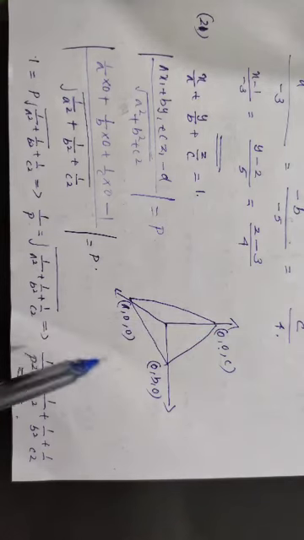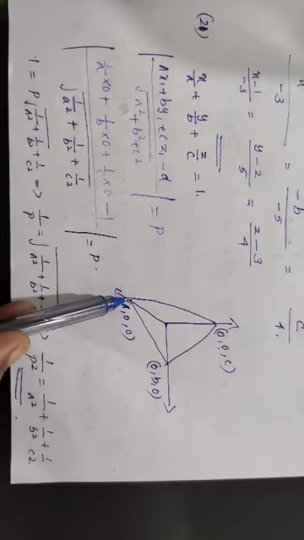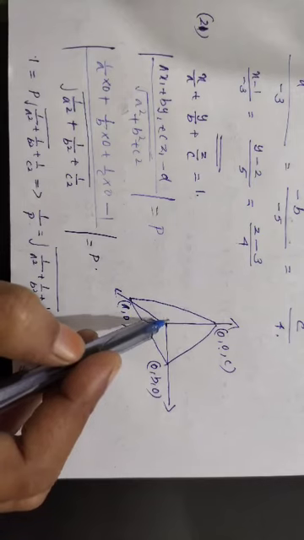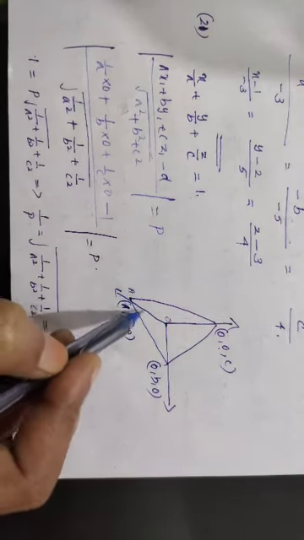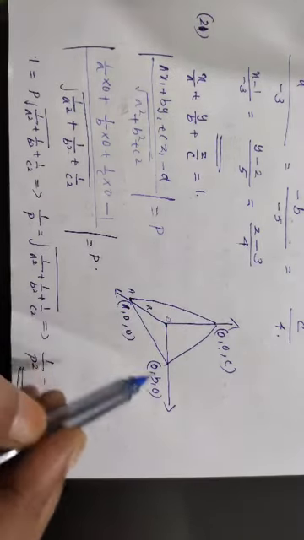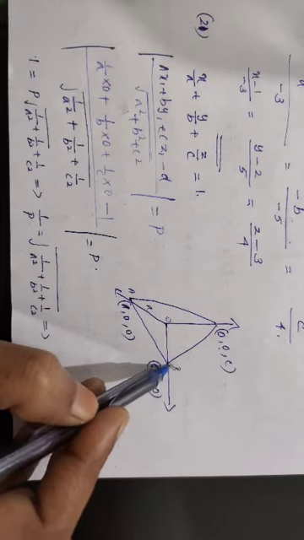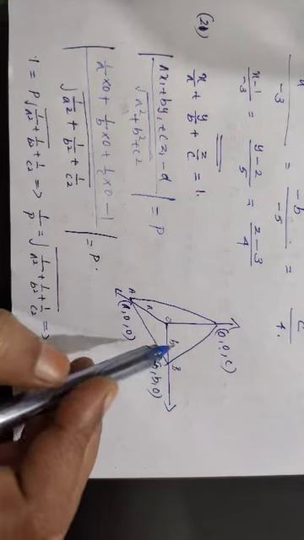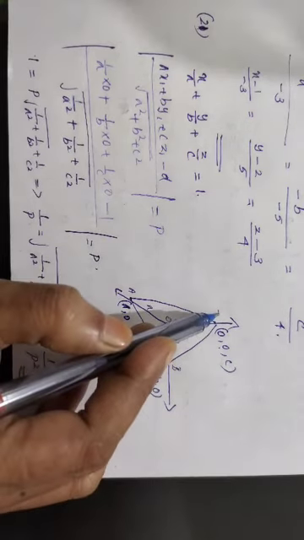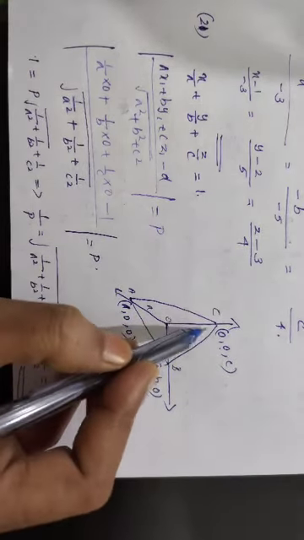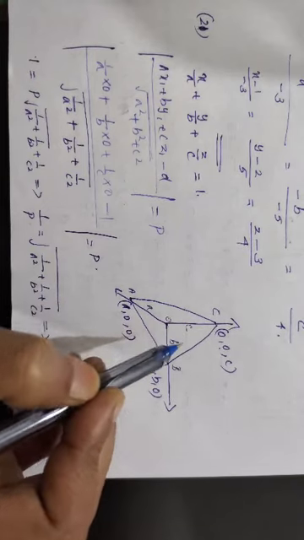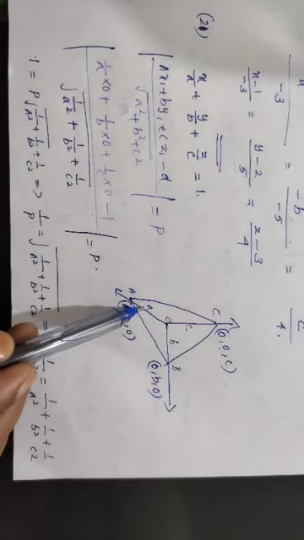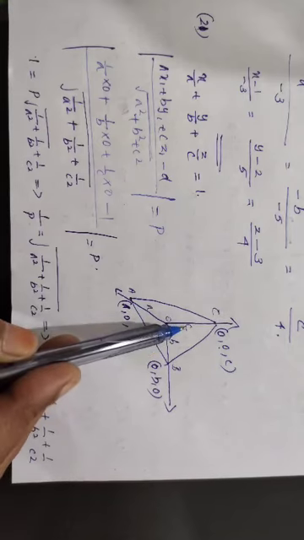The plane intersects the x-axis at the point A, and the distance from the origin to the point A is called the x-intercept. Similarly, it intersects the y-axis at the point B, and this distance is the y-intercept b. It intersects the z-axis at the point C, and we denote the z-intercept as c. Now we have x-intercept a, y-intercept b, z-intercept c.